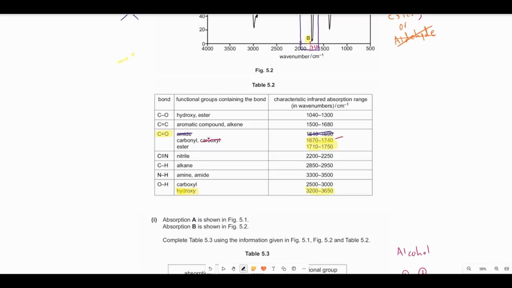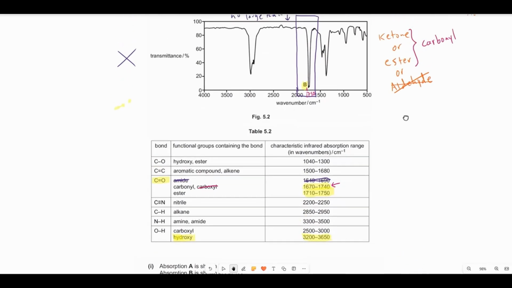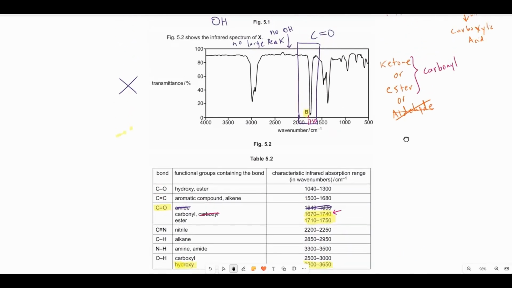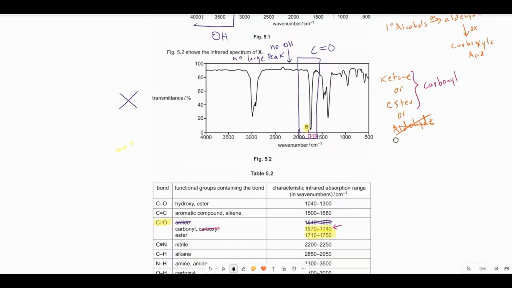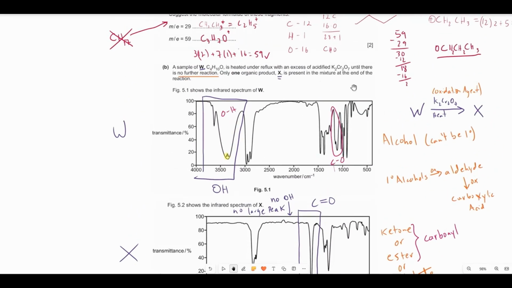So it's probably going to be on the lower end here. The other thing is that in order to make an ester, there's only one reaction we learned about that makes an ester, and that's the reaction between carboxylic acid and an alcohol. We never learned of an oxidation reaction that can make an ester.